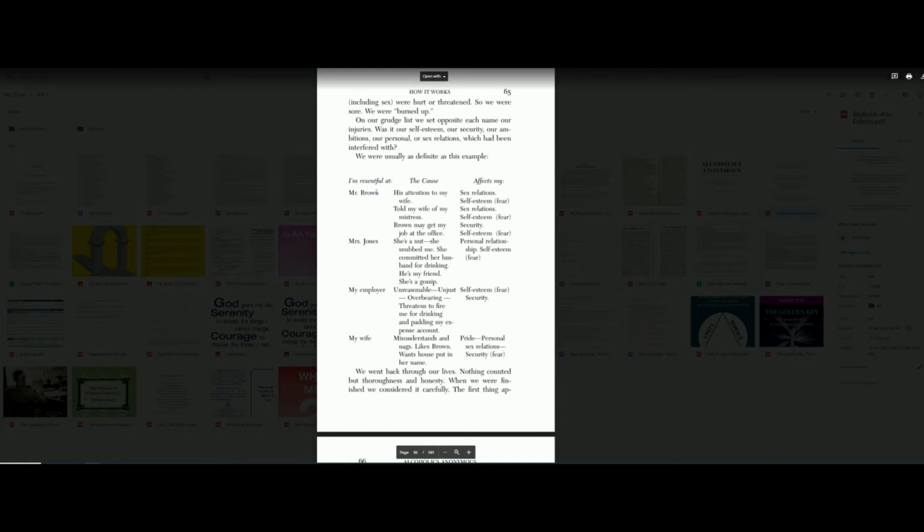So we can see that he is resentful against Mr. Brown. He's discussed this with another person, and we can see the cause of that from that discussion, and then how these things have affected him in terms of fear, predominantly all the way through.